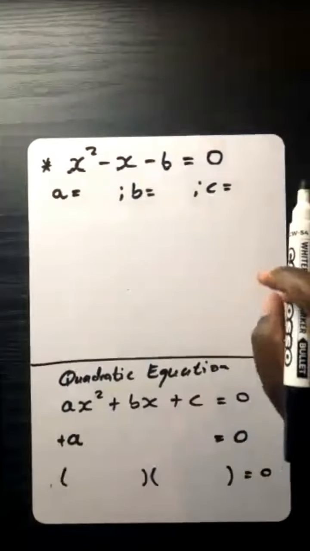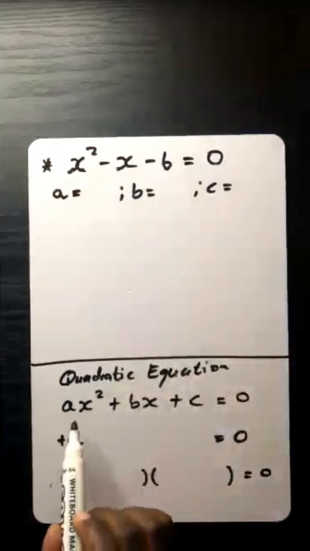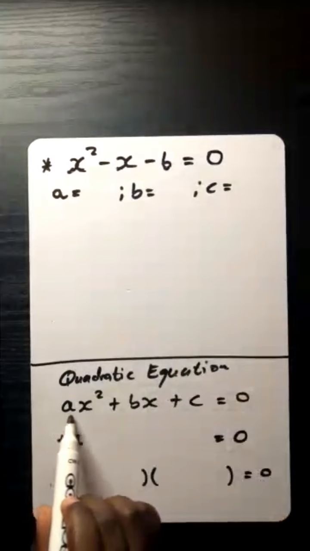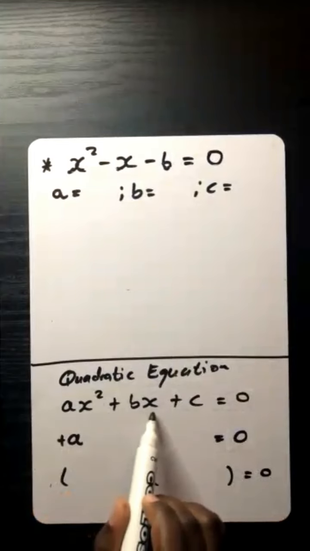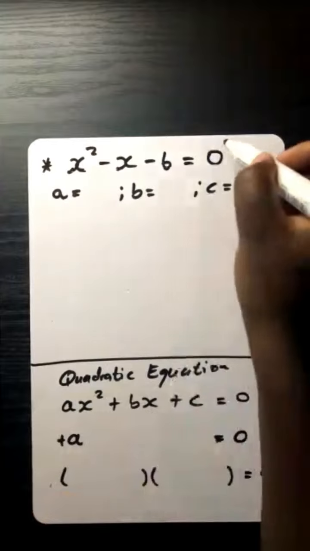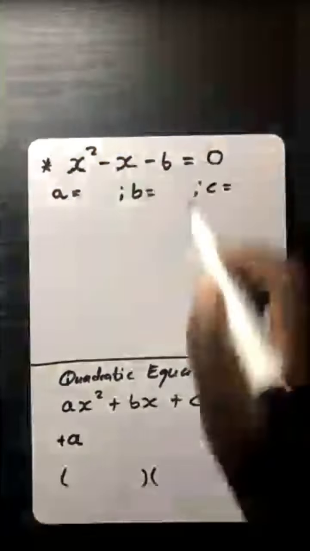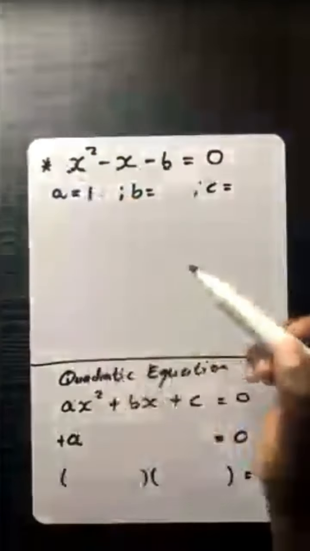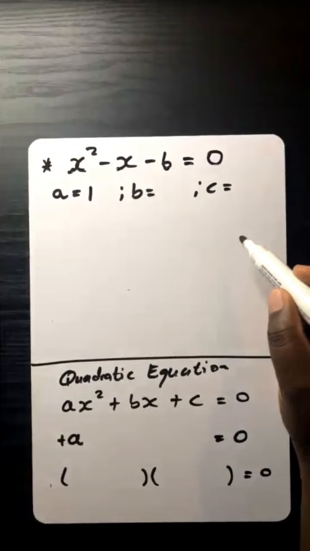So I'm going to answer this question, Shreyas. Remember, we are saying for it to be in the standard form, it has to be in that order of ax squared plus bx plus c, and it has to be equated to 0. So in that given problem, the value of a is 1, because we know there's that 1 over there which is not necessary to write.